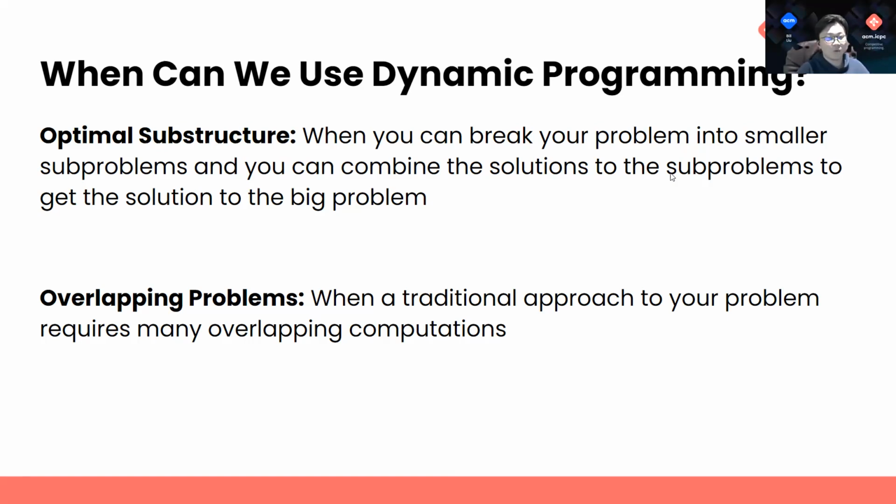This means that the traditional approach to a problem, something like brute force, using a lot of for loops, using complex data structures, requires many overlapping computations. These are parallel to the 2 concepts we talked about before, memoization and tabulation.